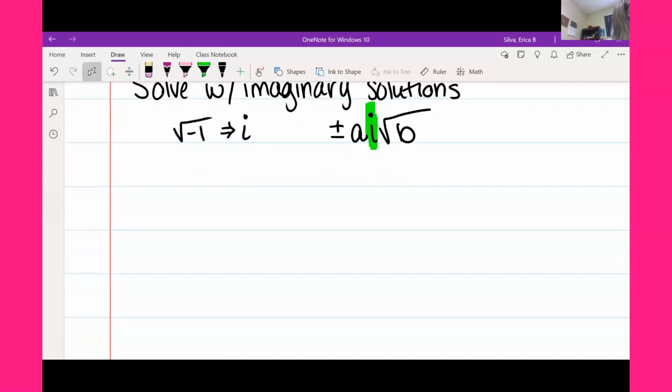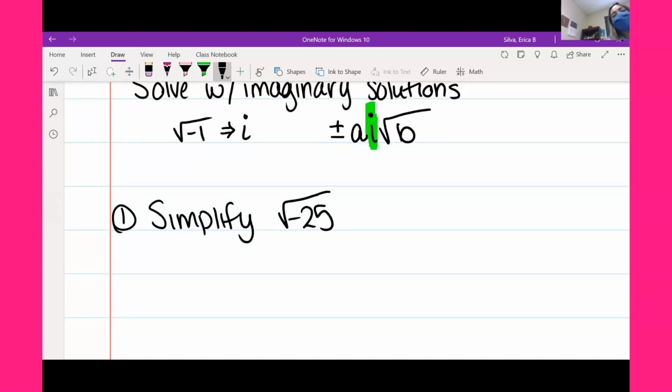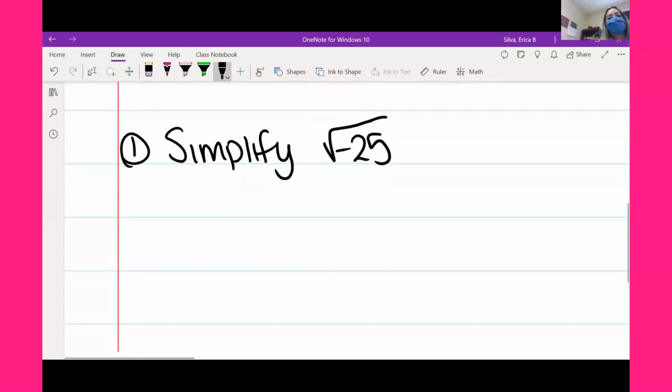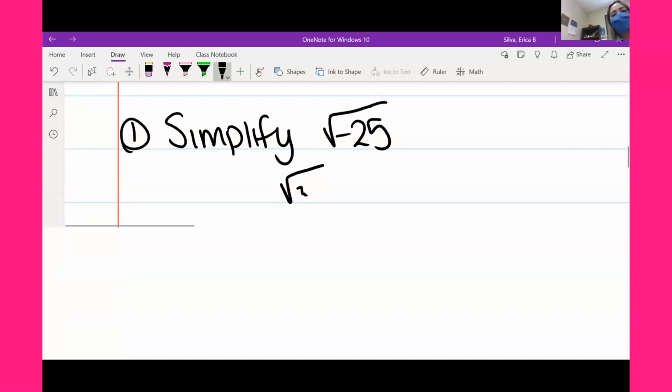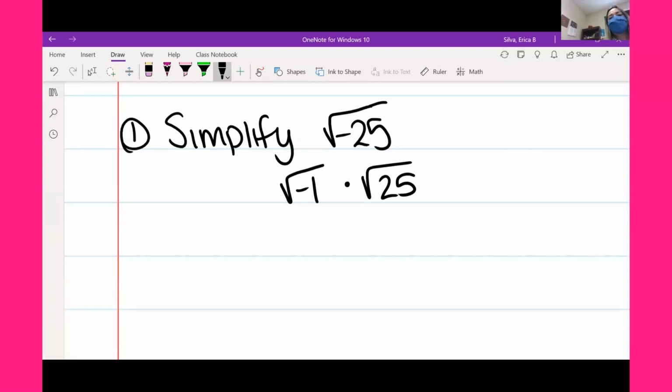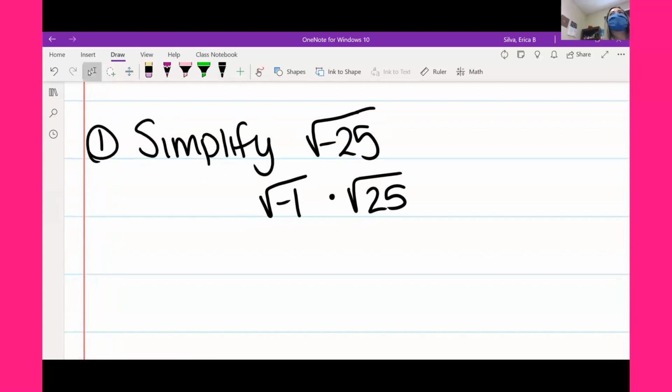All right, so let's start with this first one. We're going to simplify the square root of negative 25. So we're first going to factor out that -1, which means we get -1 times 25, right?